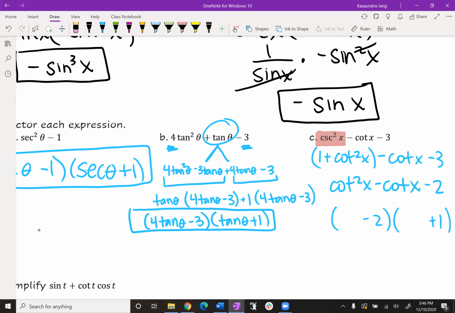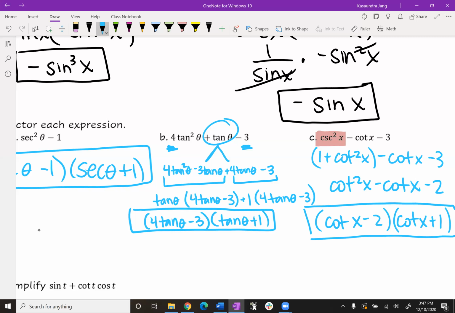If this was just an x squared minus x minus 2, I would just put a straight up x at the beginning here, right? But this isn't x squared. This is a whole cotangent squared and a whole cotangent. So I've got cotangent of x at the beginning of each of these factors, not just the x. All right, so there we go. We factored our polynomial.